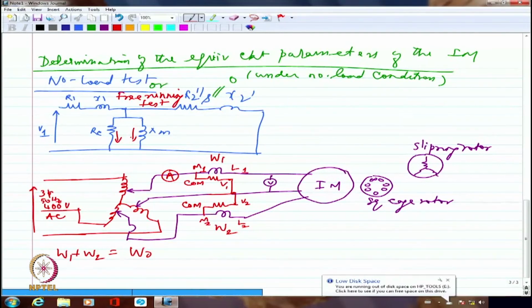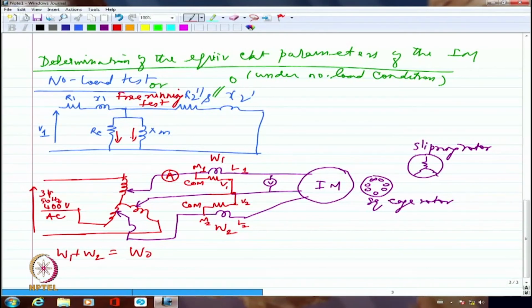So the current drawn is primarily due to the magnetizing current if I say RC is not having much losses. If magnetizing current is the primary current that is being drawn during no load condition, the power factor is going to be bad, really bad, because magnetizing current is always inductive in nature.